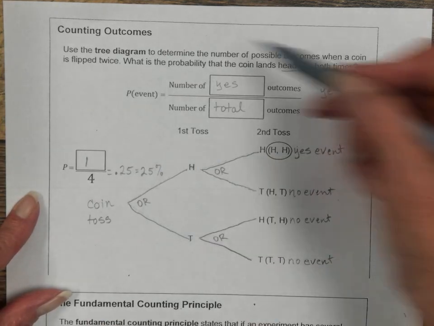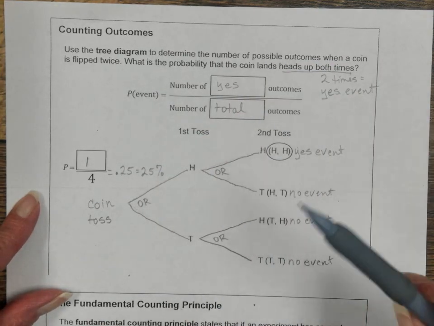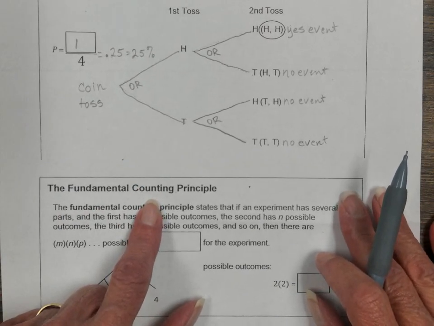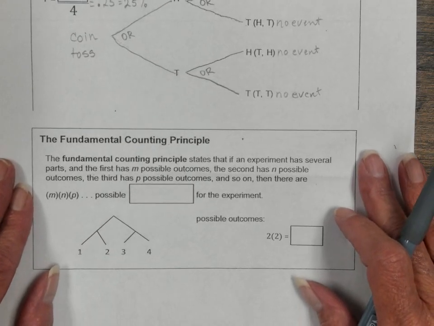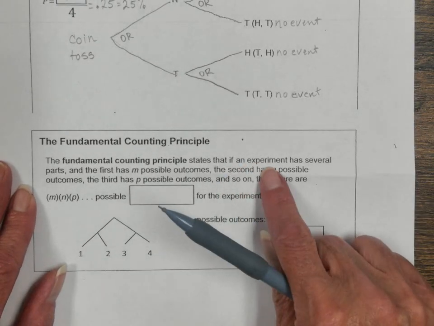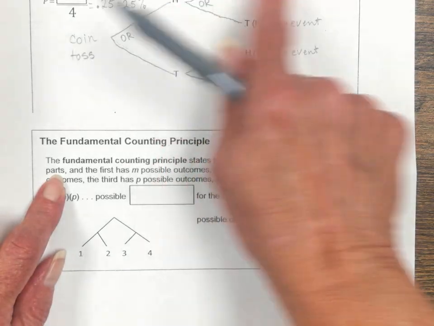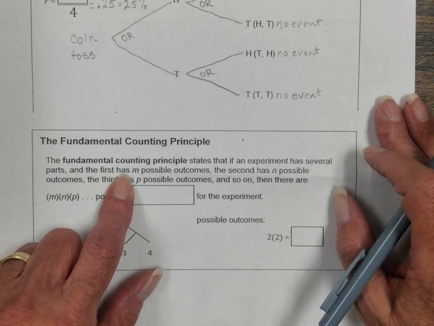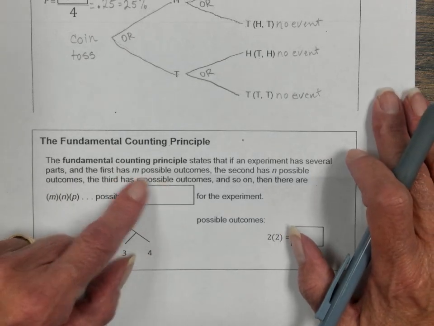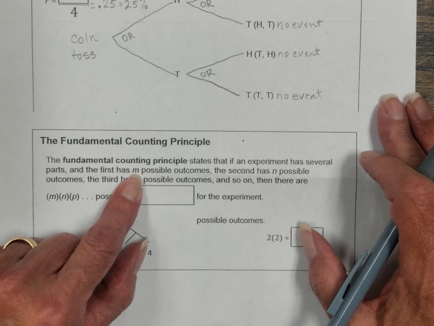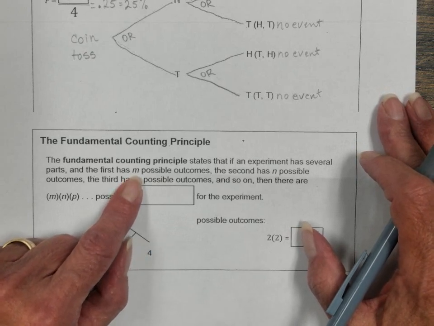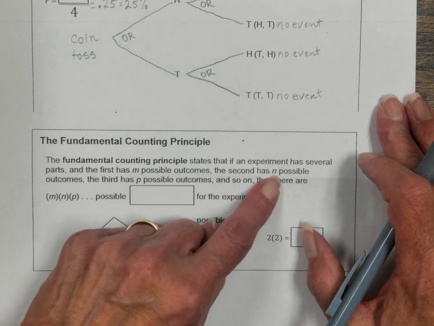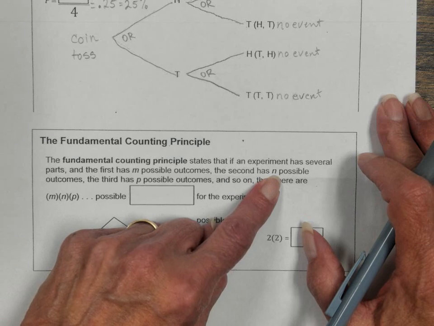So we call this, without the decision tree, the fundamental counting principle. Okay? And that says that if an experiment has several parts, meaning stages or tosses, the first set of actions has some number, M as in Mary, possible outcomes, and then the second activity has N as in Nancy, possible outcomes.